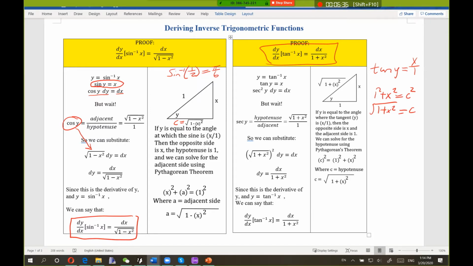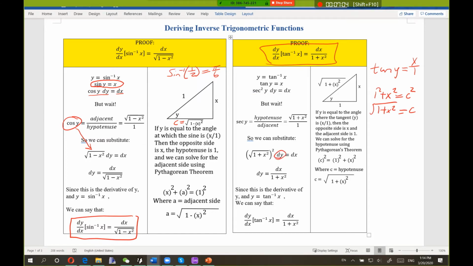If I wanted to get the secant, my secant would be hypotenuse over adjacent. So that would be root 1 plus x squared over 1. So if I substitute, that would be root 1 plus x squared, squared, because this was secant squared y, times dy equals dx.